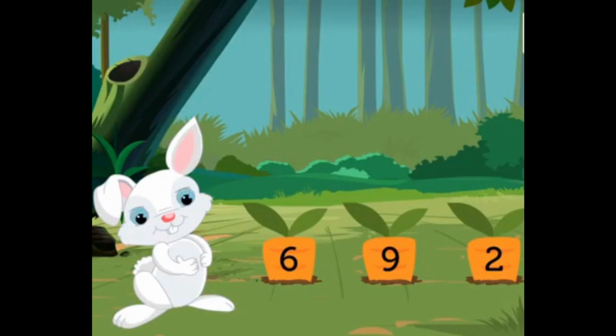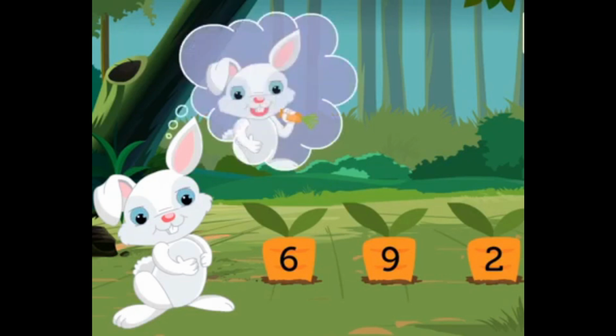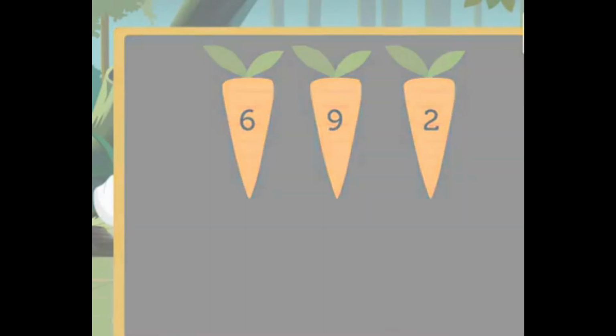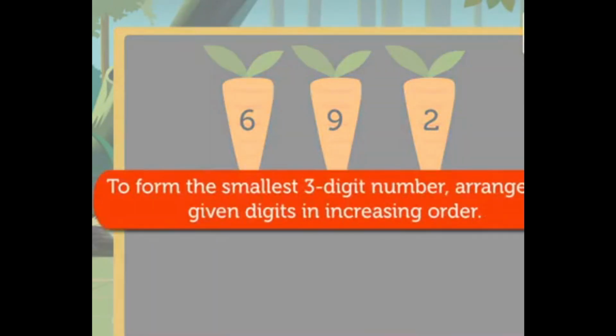Each one of them has a digit written on it. But he can only eat the carrots when he formed the numbers smallest and the greatest three-digit numbers using the digit 692. Let us help him to form the smallest three-digit number.